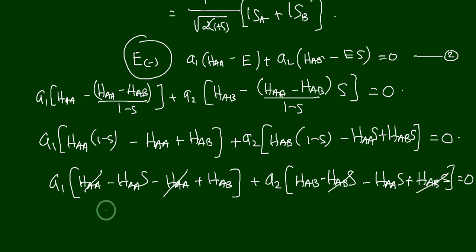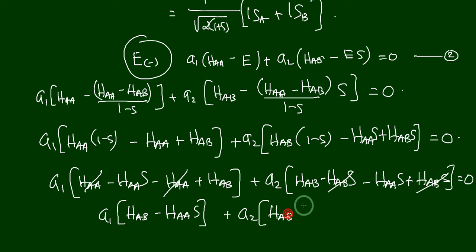So what's remaining? A1 into HAB minus HAAS, okay, plus A2 into HAB minus HAAS, that is equal to 0. Okay, now you can look at this equation.